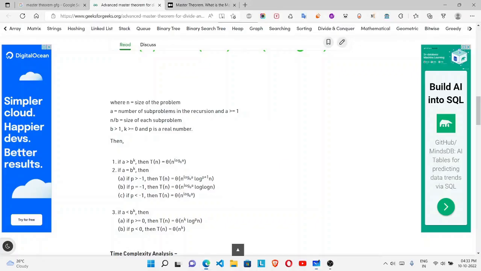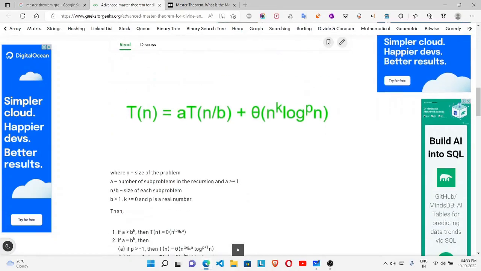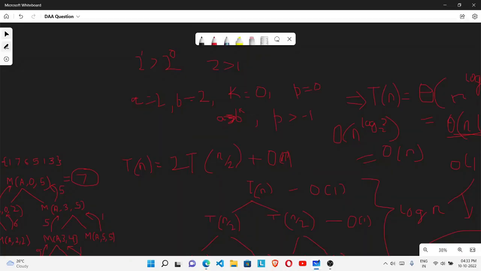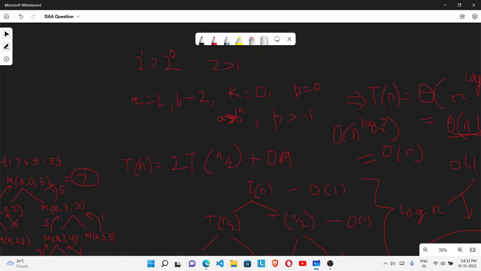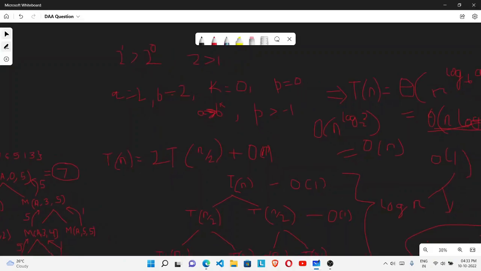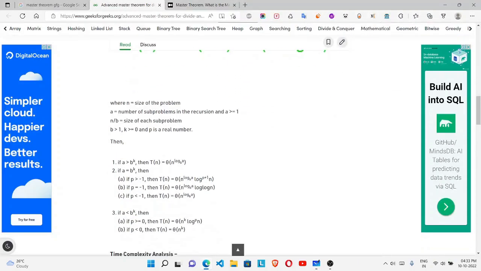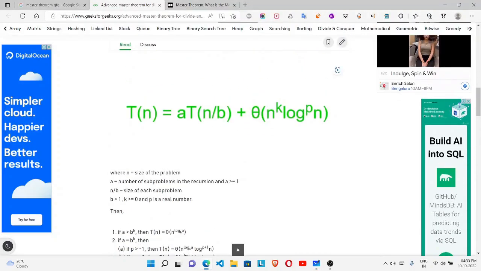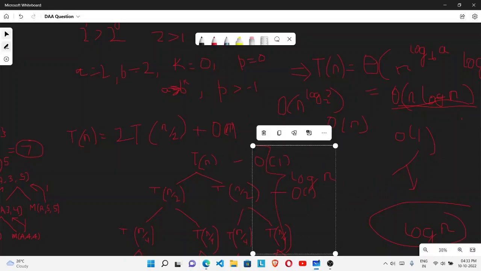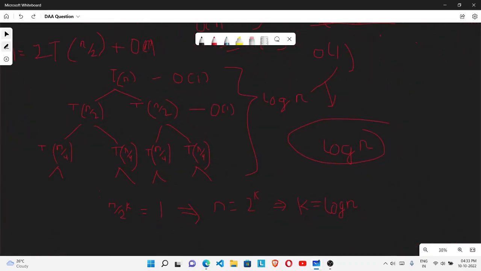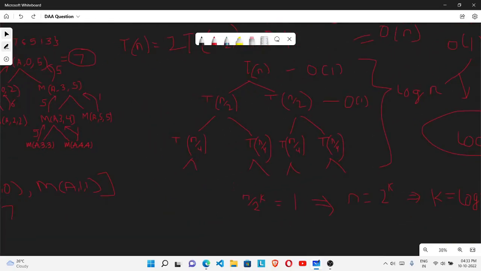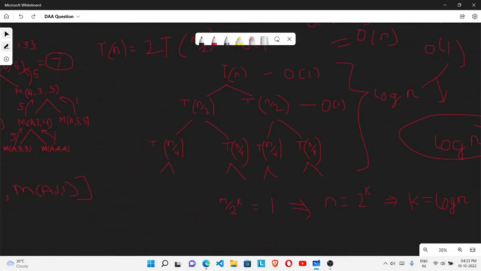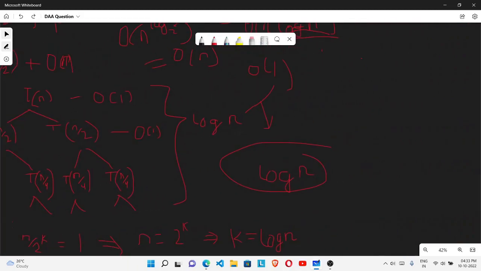Have I even calculated it correctly? A is 2, B is 2, K is 0, P is 0, n raised to K log P. Why is the recurrence tree giving logarithmic? Why is the recurrence tree not giving linear?